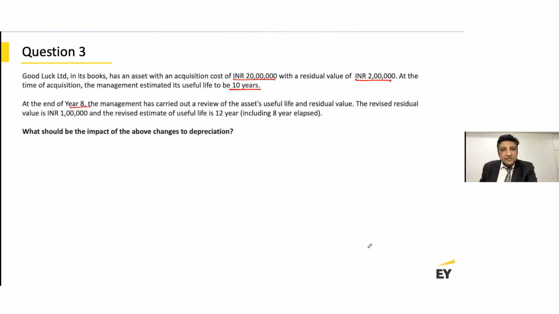The revised residual value is 1 lakh rupees and the revised estimate of useful life is 12 years, including 8 years lapsed, which actually means remaining 4 years. The requirement of the question is what should be the impact of above changes to depreciation, right? The moment we hear the term depreciation, we start looking at what is a depreciable component.